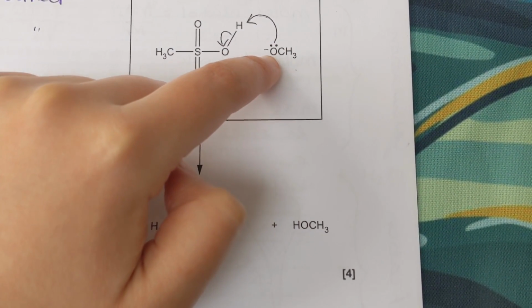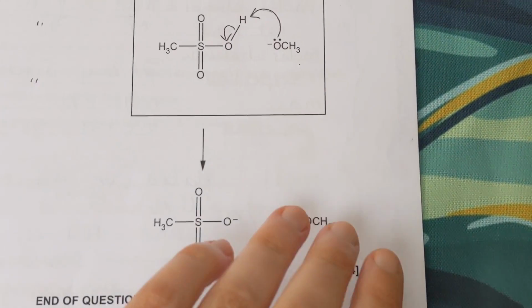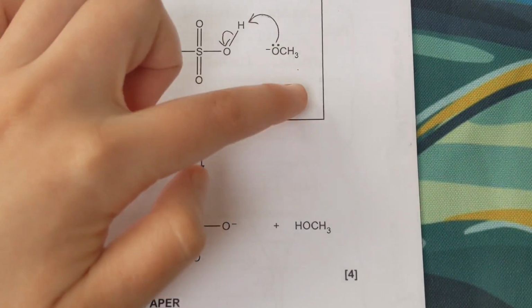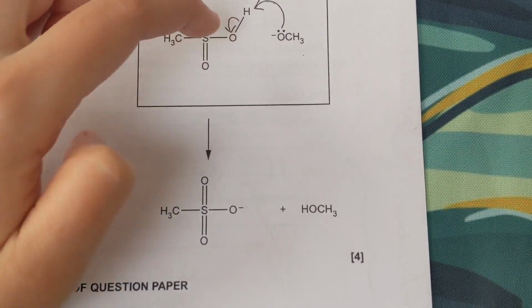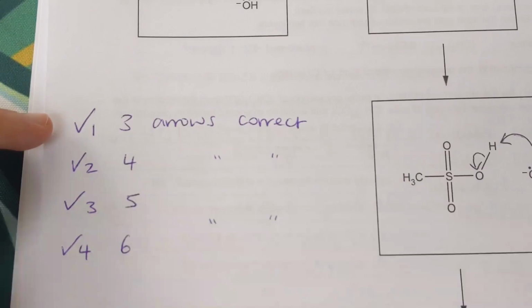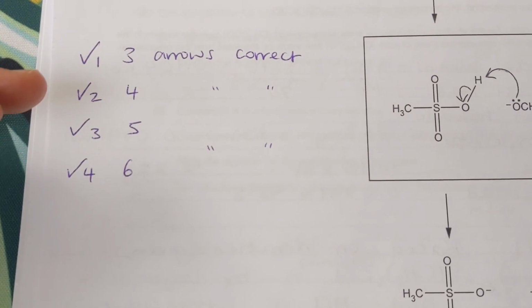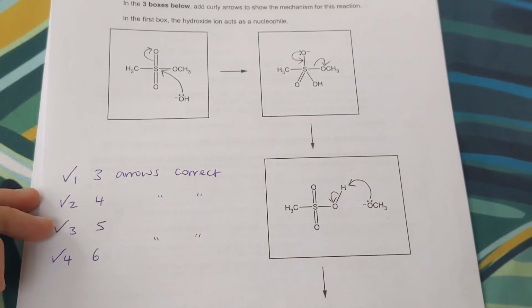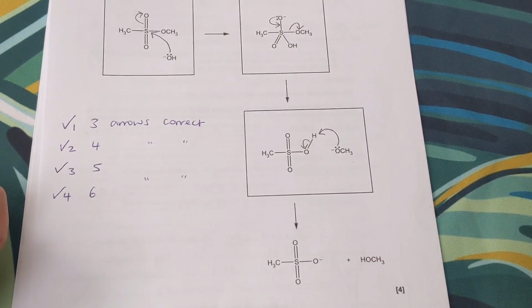I'm showing the electrons coming from the lone pair on the oxygen, picking up that hydrogen to form methanol, and in doing that, that causes the electrons from the OH bond to go onto the oxygen to form this negative charge. So we get 1 mark for 3 correct arrows, 2 marks if we have 4 arrows correct, 3 marks for 5 arrows, and 4 marks for all 6.